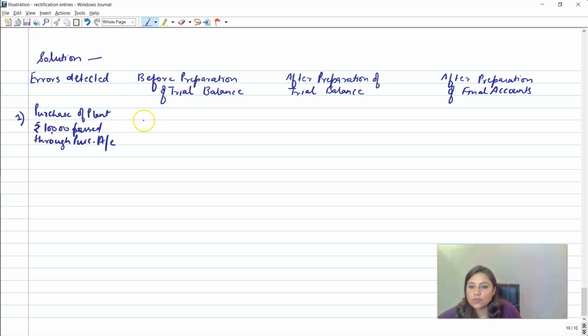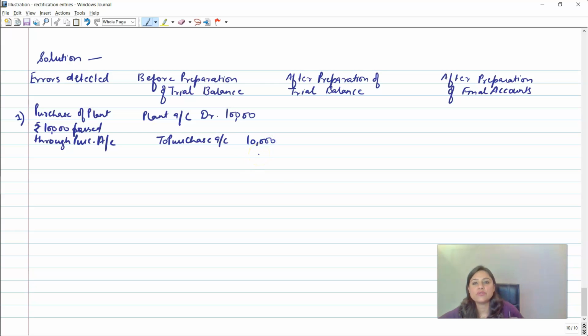So here, what would be the entry? Plant account, being the asset of the business, is debited, and the account that will be credited would be the purchase account, as the amount of rupees 10,000 has already been debited to the purchase account.